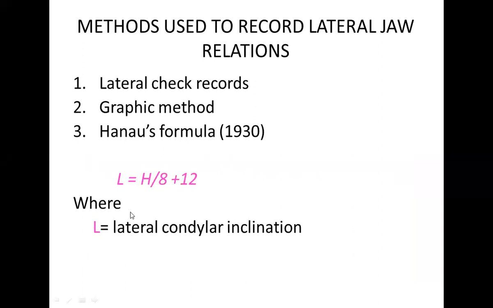Whatever reading you get, that is your lateral guidance, called L. So this lateral guidance, without any lateral records, you can obtain with the help of Hanau's equation, Hanau's formula. You should keep in mind that this mathematical formula is not based on any mathematical principle. This was given by Hanau, that's why it is called Hanau's formula.